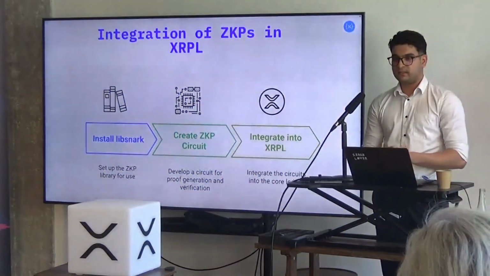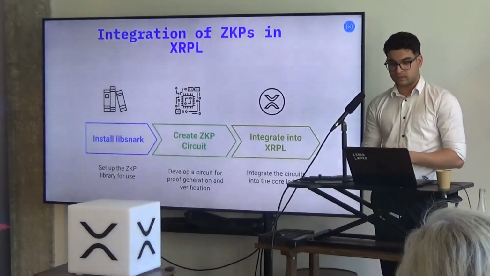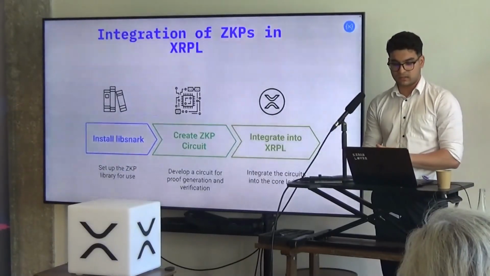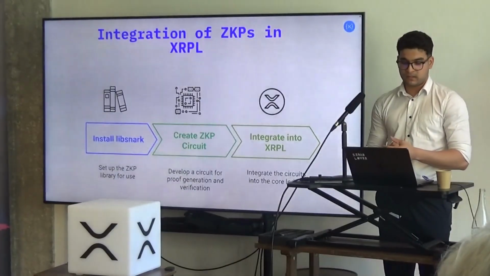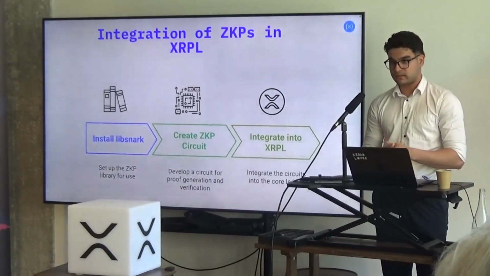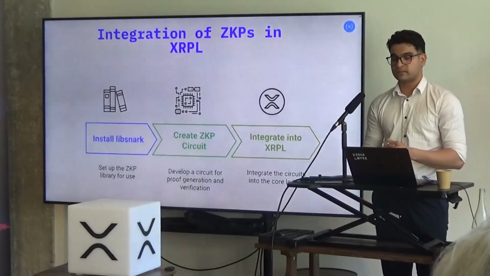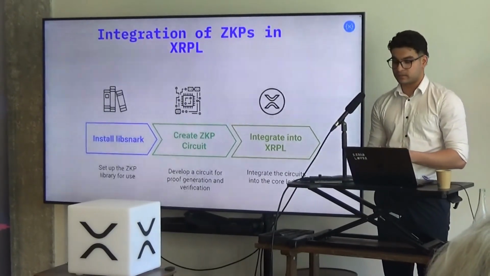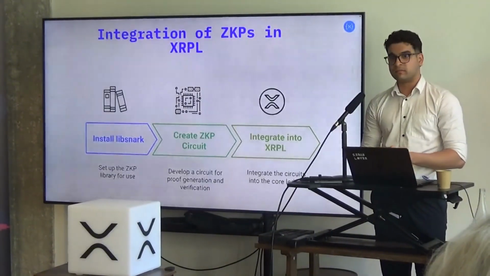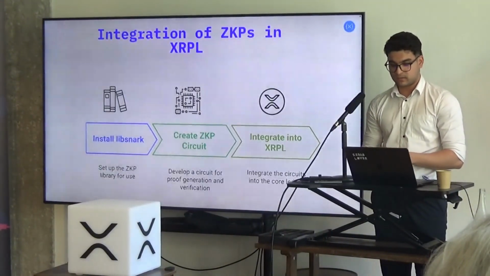So these are the three main steps by which we integrated zero-knowledge proofs into the XRPL ledger. We integrated a library called zkSNARK, which offers zero-knowledge zkSNARKs functionality, and it is written in C++, which is suitable for rippled since that's in C++ as well.